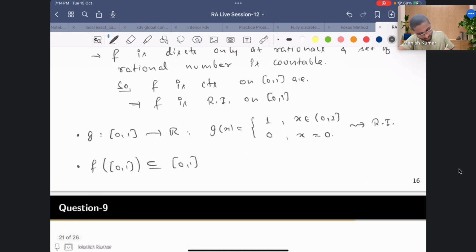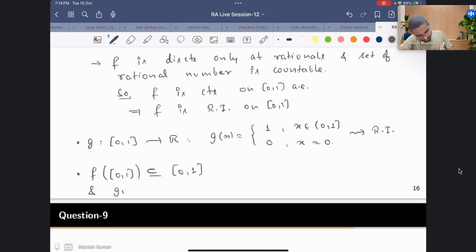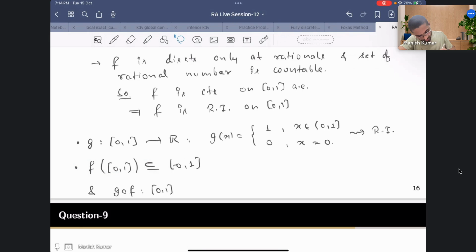So g composed f we can define from 0 1 to R, given by g composed f of x.